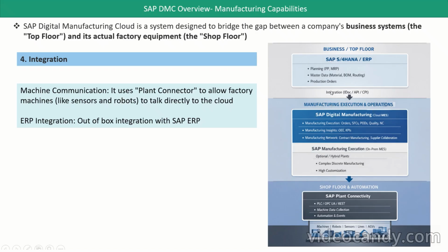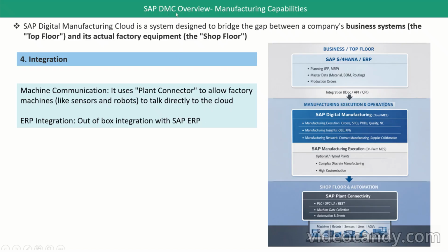This is an out-of-the-box integration provided by SAP, and it is done through SAP CPI. This integration will keep S/4HANA and SAP Digital Manufacturing on cloud in sync. There is bi-directional communication between S/4HANA and SAP Digital Manufacturing on cloud.